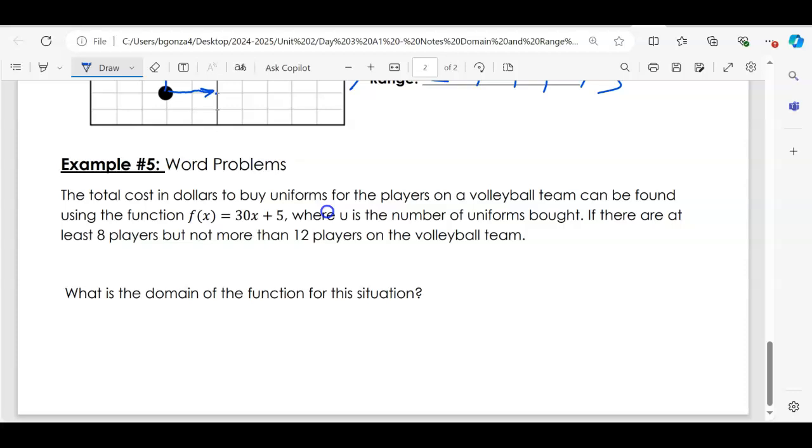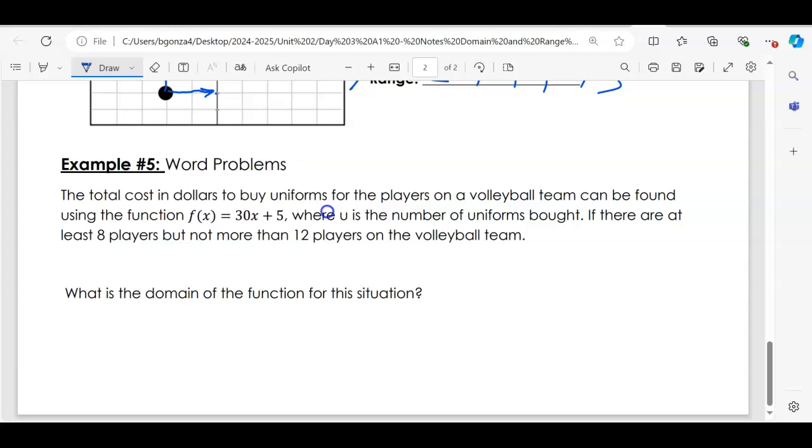And now this is important. There are at least 8 players, but not more than 12. So what's the players between what two numbers? The least number is, let's read it again. There's at least 8 players, but not more than 12 players.